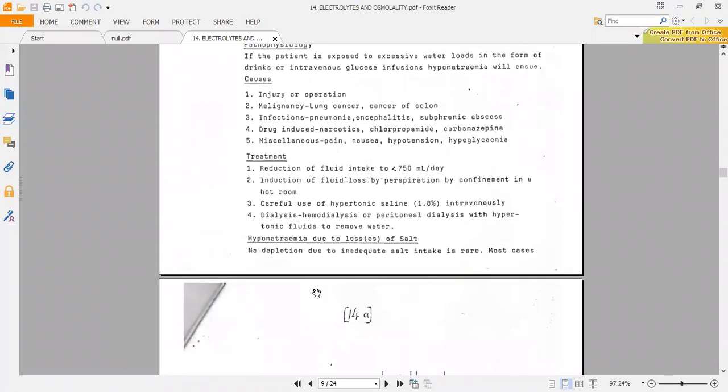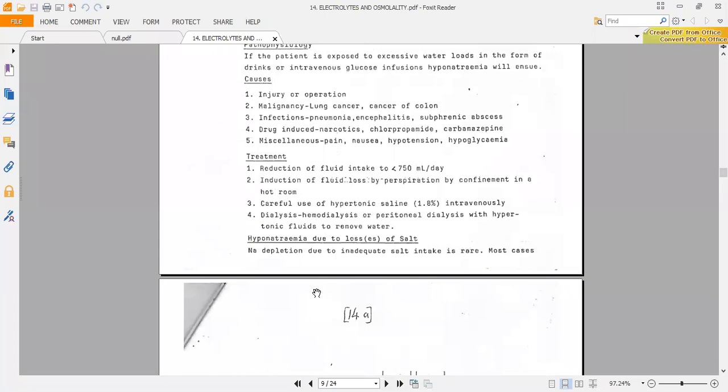Good. So we are looking at hyponatremia, and you've seen that there are two possible causes. The first one is water retention, where the excess water will dilute the sodium. With this part, there are two classifications.